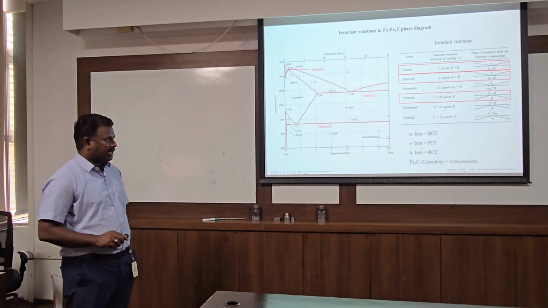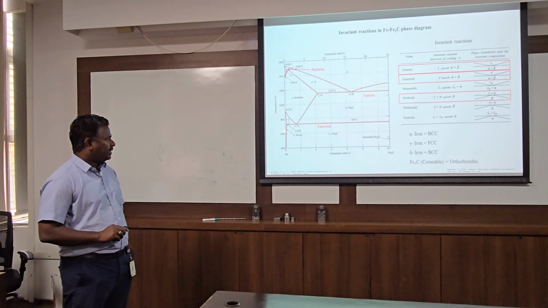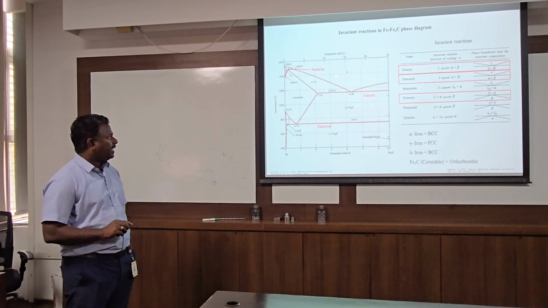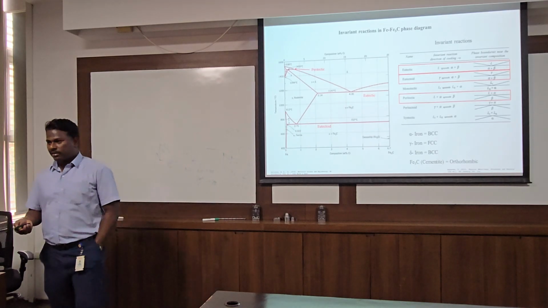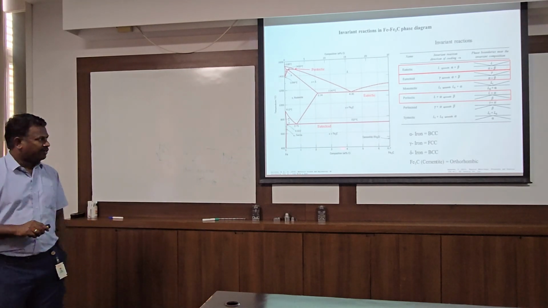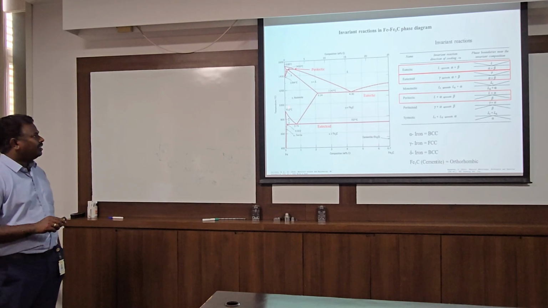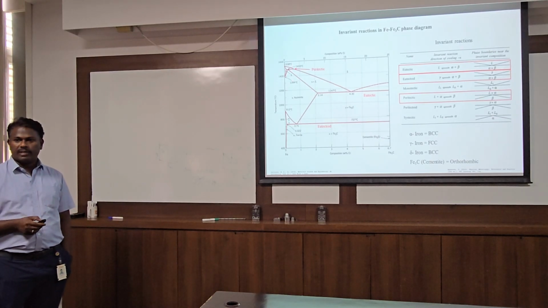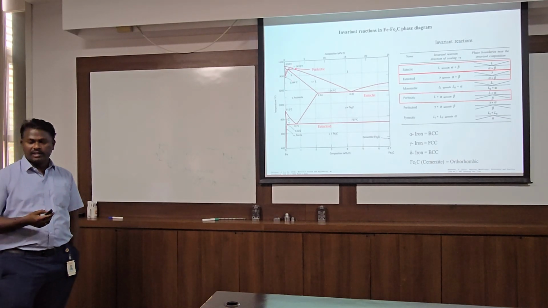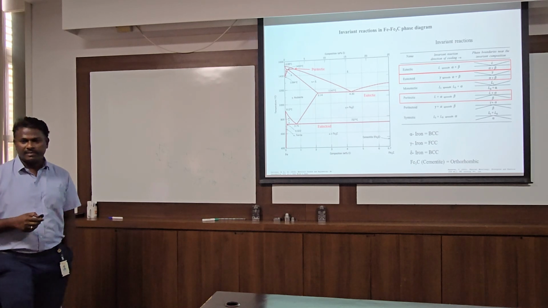We know that alpha iron is basically BCC, gamma is FCC, and delta iron is BCC. So maybe somebody can explain why at low temperature we have alpha iron and at high temperature again delta iron. The crystal structure is the same, so why are we differentiating alpha and delta?